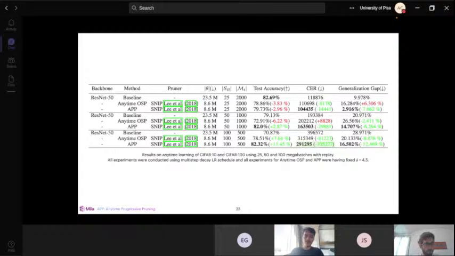So when we show that our CER is 100,000 lower than the baseline, it effectively means that we are classifying the test set 10 times more correctly than the baseline method across the whole stream, because our test set remains the same for all the megabatches. And you can see that in any case, the generalization gap is always significantly reduced compared to the baseline method across all three sequence lengths.